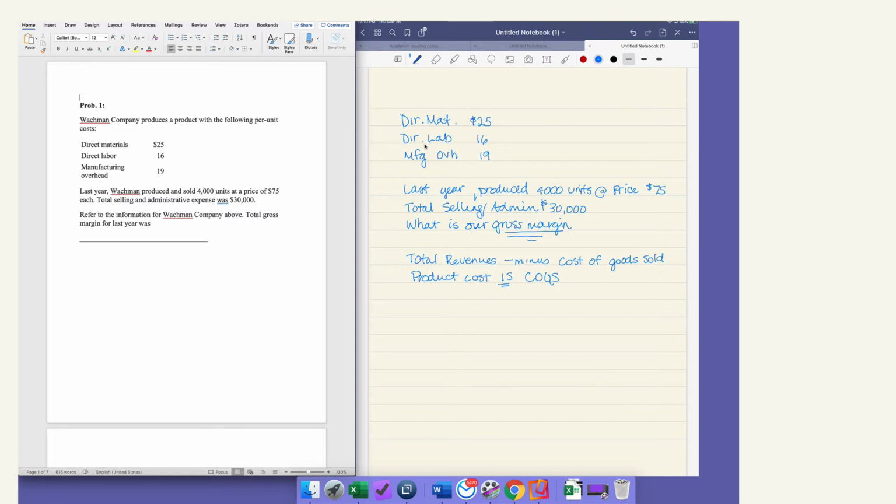So let's figure out our total per unit product cost. It is 25 plus 16 plus 19, which is, pardon me while I go off camera and use Excel to figure this out for me, which is 60.